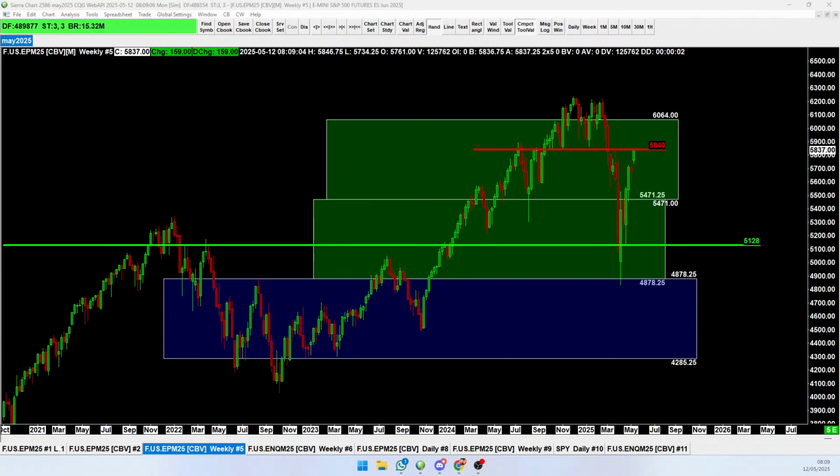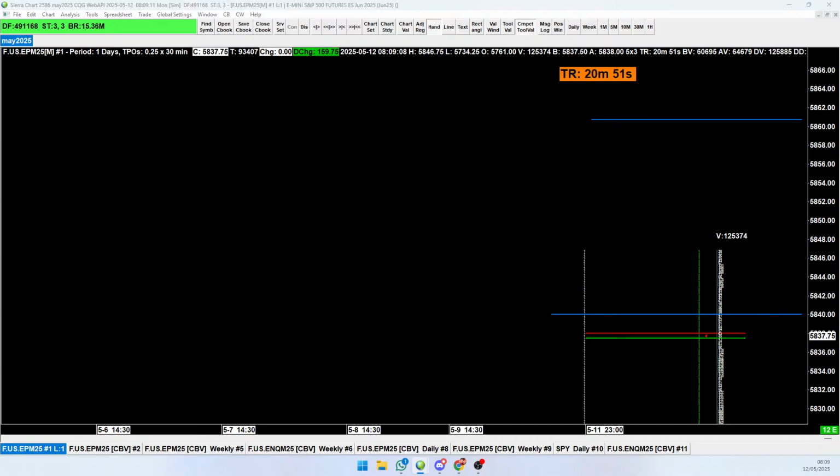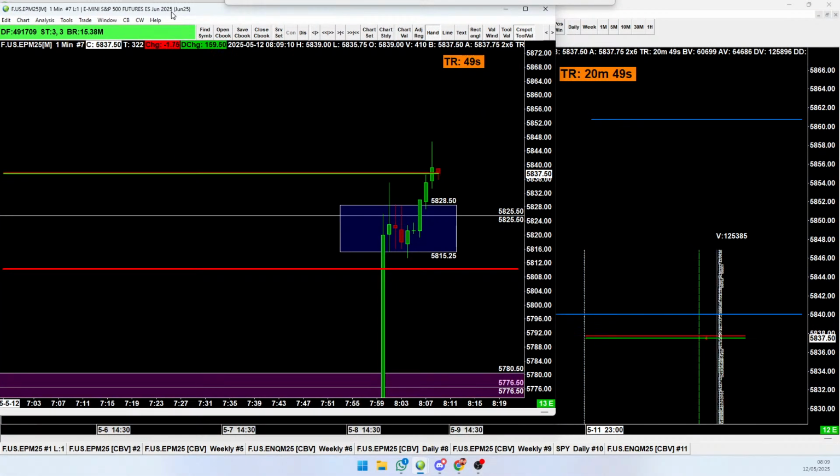Very difficult to trade it. Did they increase margin rates? I haven't even looked at my email. I'm surprised they didn't increase margin.